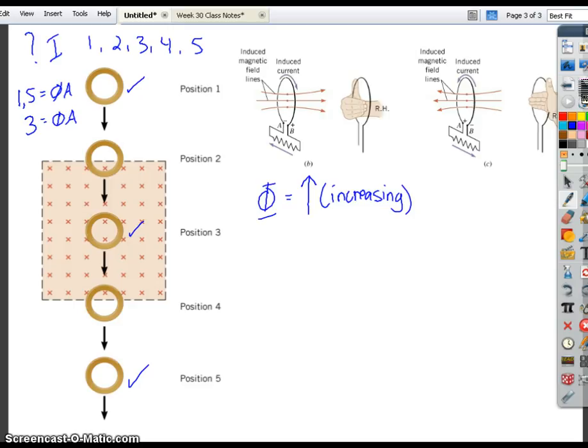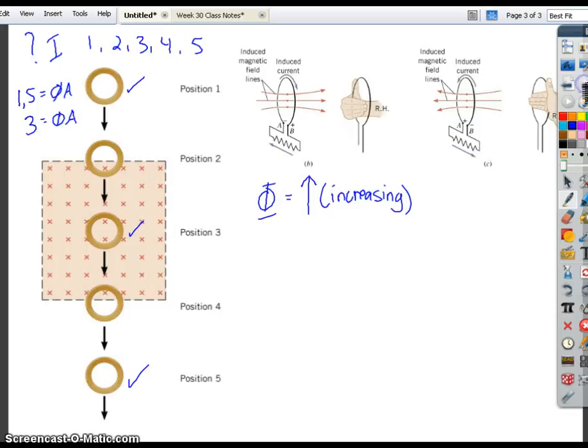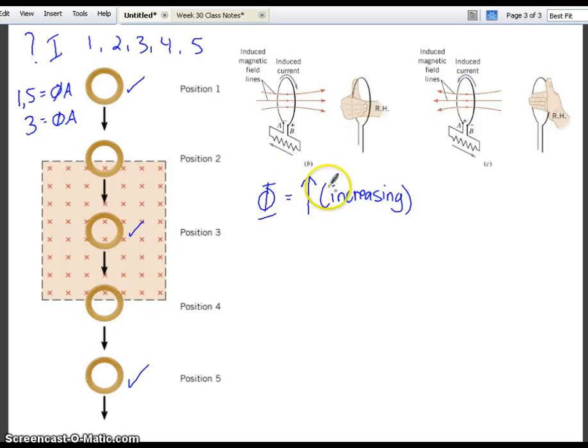So, because the flux is increasing, the magnetic field due to this ring, because this ring will produce its own magnetic field, and because this magnetic field is going into the page, the magnetic field due to this ring is either going to be into the page or out of the page.